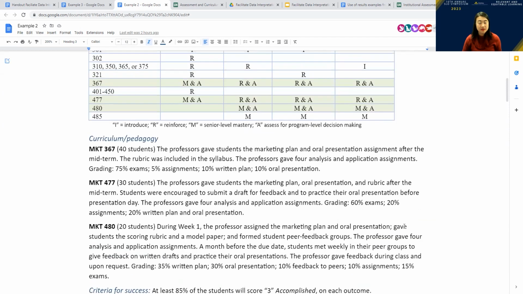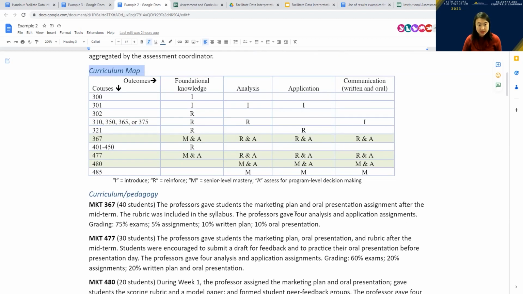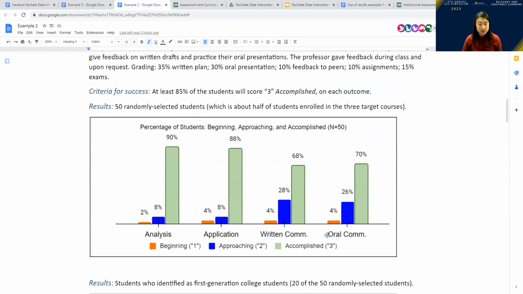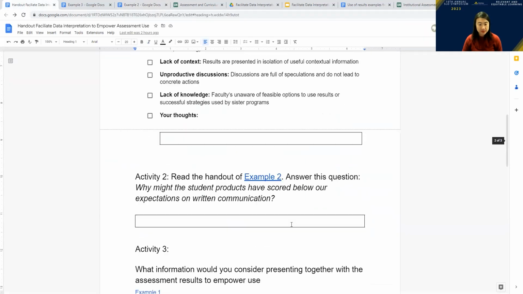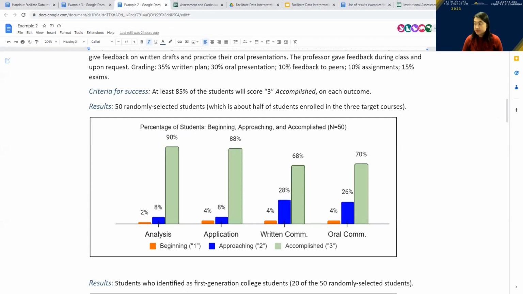Okay, so I'm going to give everybody 5 minutes to read from the top to the chart, and you're going to answer one question on your handout, which is why my students' products have scored below our expected rate on written communication. Put yourself in a faculty member's shoes. You're not from marketing, but if you were, what conclusions may you draw? I'm going to pause the recording.